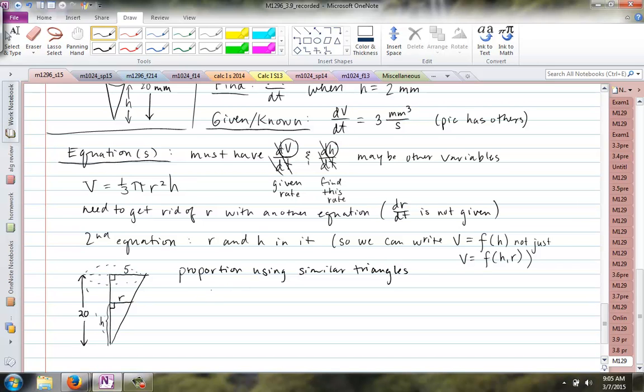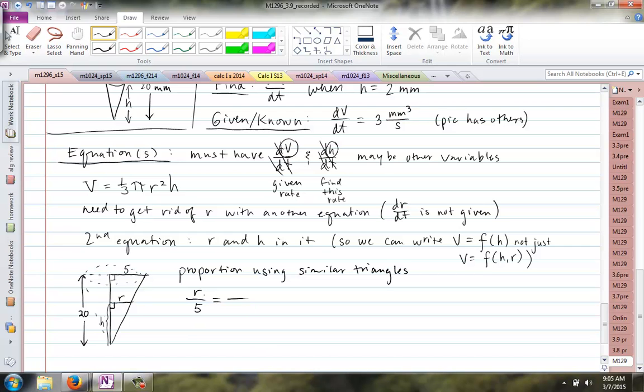What I like to do is set up the proportion, which is two fractions equal to each other, and then I'm going to start with r, which means that the 5 is the corresponding edge. It either has to go below it or on the top of the other side. So I just chose to do it there.